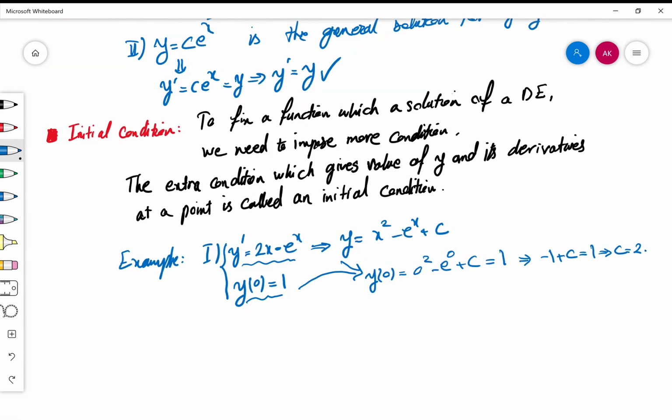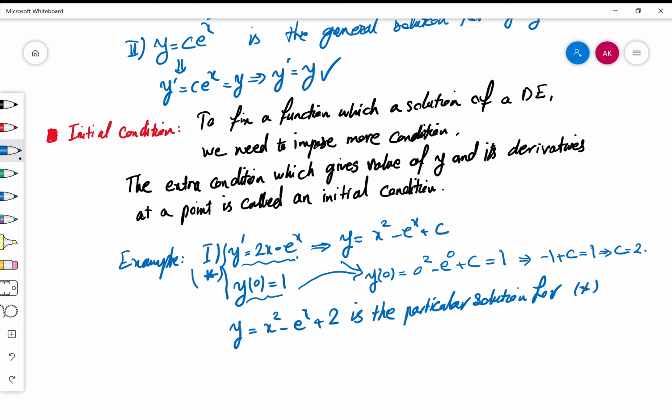This means that y equals x squared minus e to the power x plus 2 is the particular solution for this one. It not only satisfies the differential equation but also satisfies the initial condition.